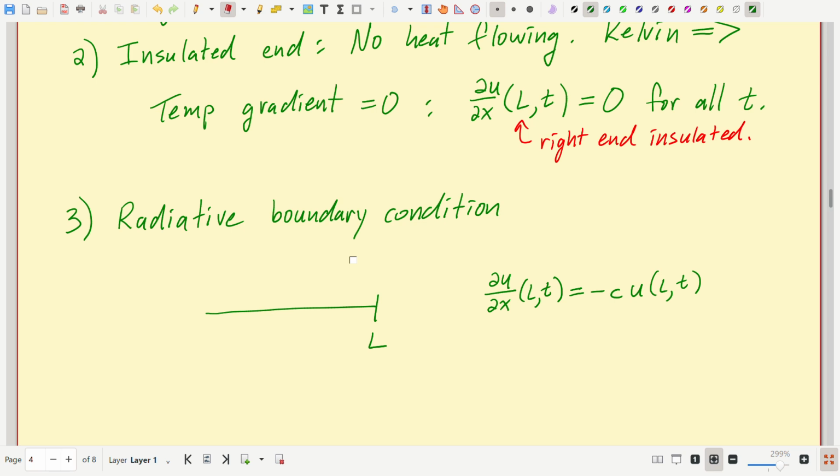And of course that C would depend on how much is allowed to radiate. If you have a substance that doesn't radiate very well, like a black wire, okay.